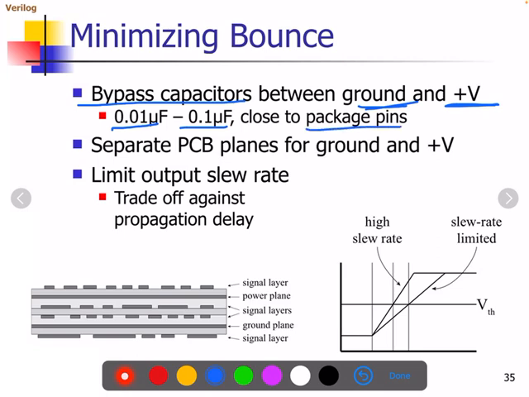Also, we can minimize the bounce by using separate planes for transmitting the ground as well as plus volts. You can notice from this figure: signal layer followed by power plane, signal layer, again ground plane, and bottom signal layer. Separating these planes for transmitting the ground as well as supply will also minimize the effect of ground bounce.